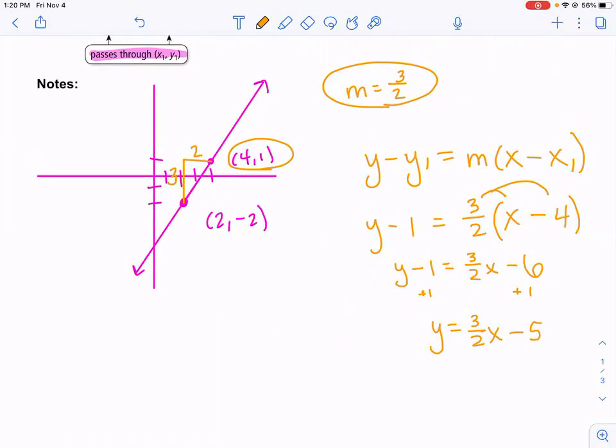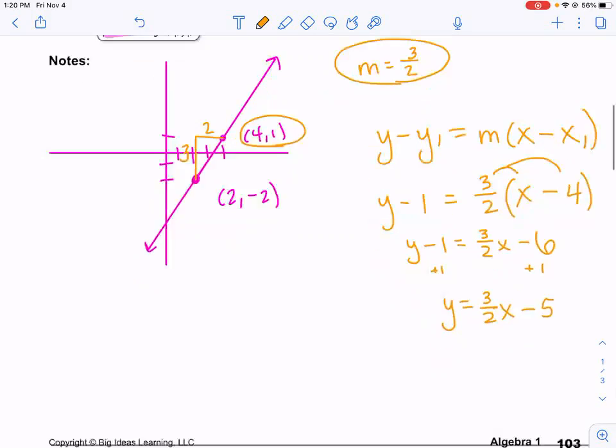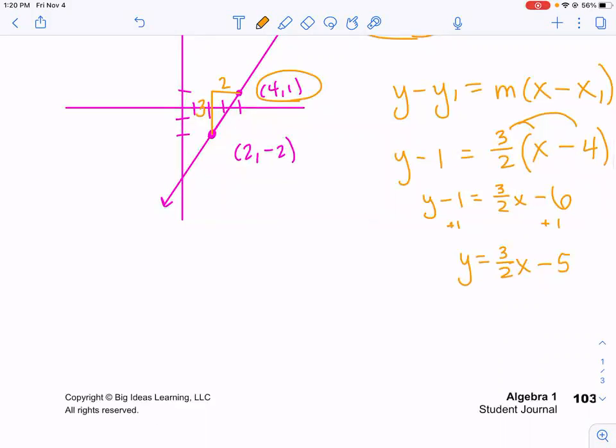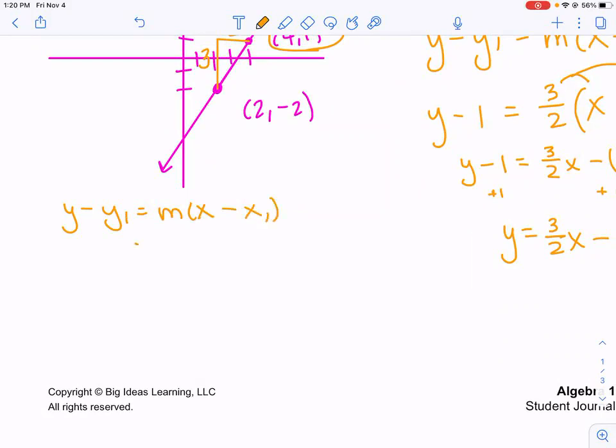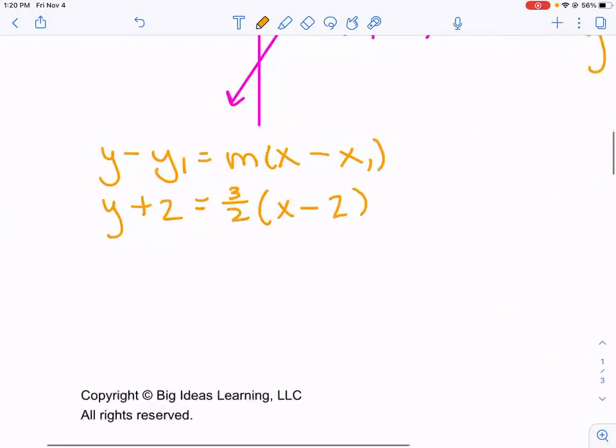Yeah. Okay, now Amelia said, well, why did we use 4, 1 and not 2, -2? Guess what? It's not going to matter. Let me show you how. So y minus y1 equals slope times x minus x1. So now let's use our slope of 3/2 and let's use the coordinate 2, -2.